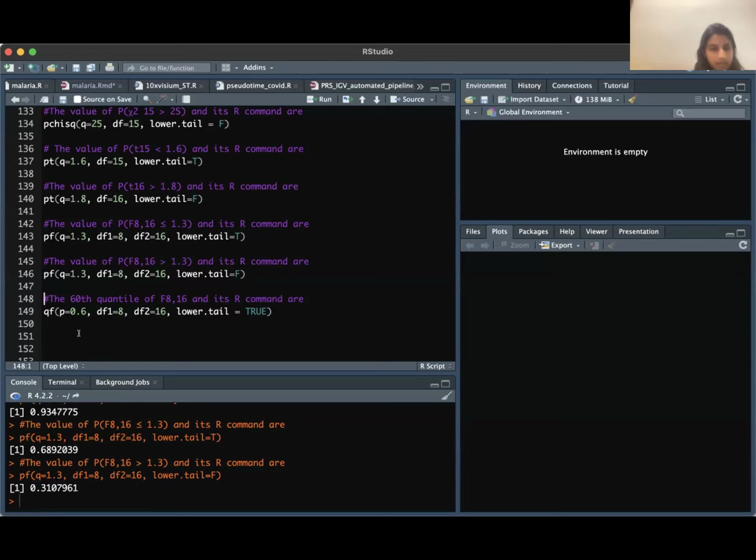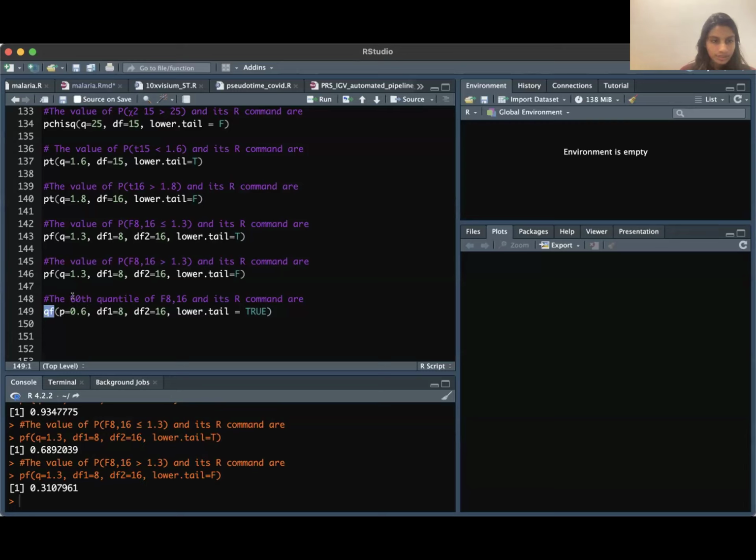Now they've asked for the 60th quantile of F with 8, 16 degrees of freedom and its R command. If you want to find the quantile, you write qf, or if it's a T distribution, you write qt, and if it's a chi-square distribution, you write qchisq. This is just standard nomenclature.